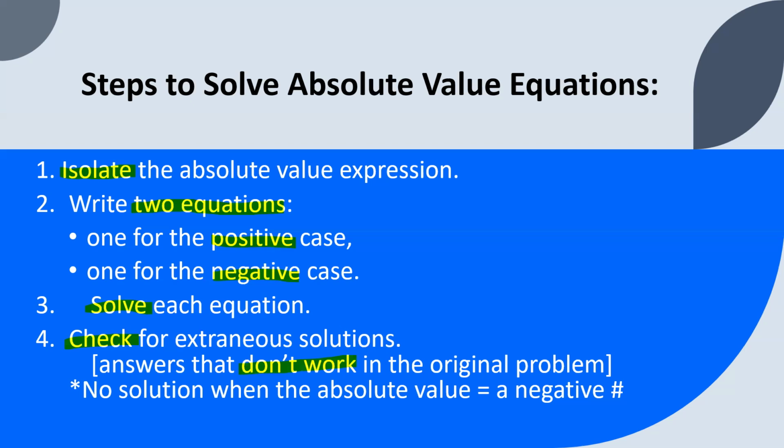So if my problem starts off being equal to a negative number, guess what? No solution. Because is an absolute value ever going to produce a negative? No, it's not. Does that make sense? I'll pause and give you a moment to write down what you feel is important.